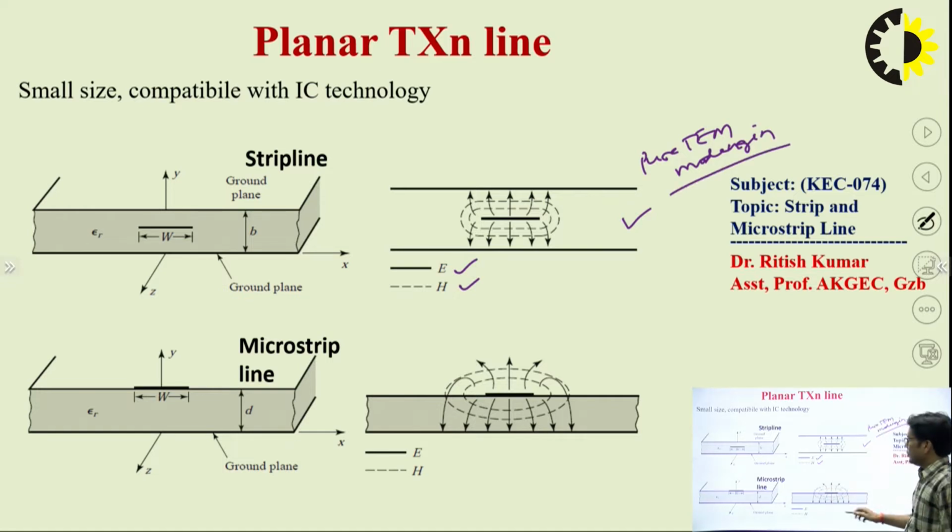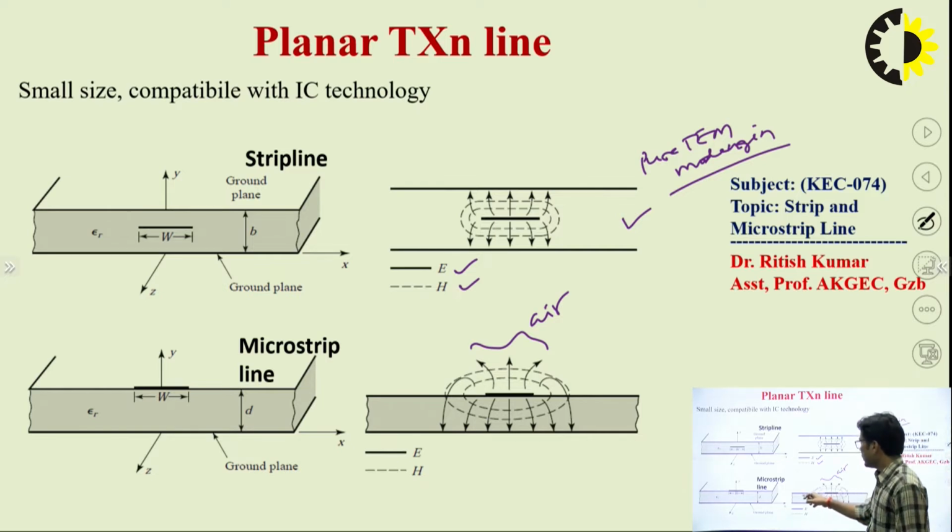Now here you can observe the electric field distribution is going downwards, through the substrate, and some part of the electric field is going in the air. The relative permittivity is defined by epsilon r, and we know that the relative permittivity of air is the lowest one, that is 1.